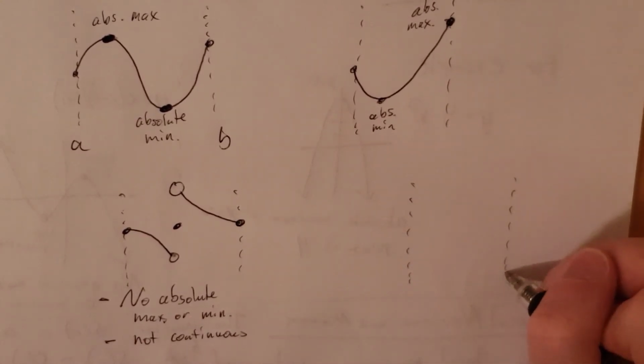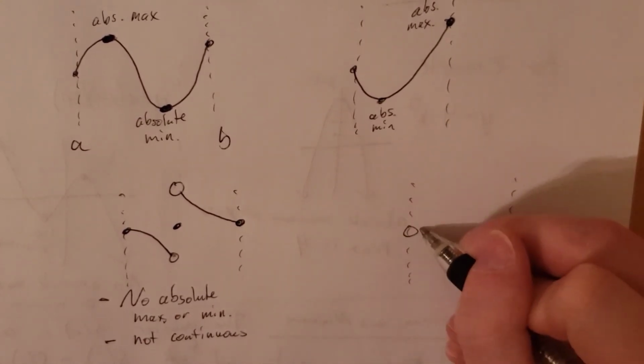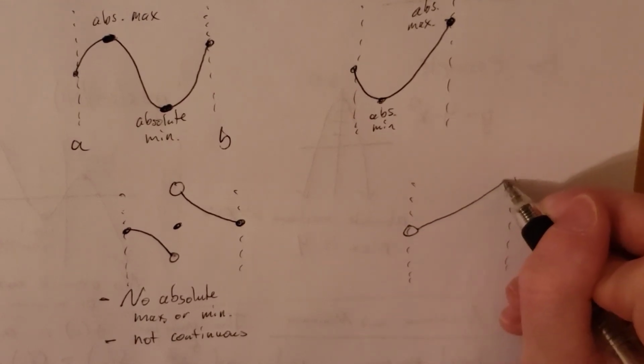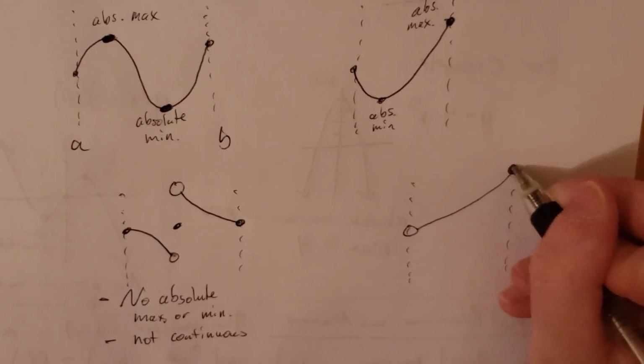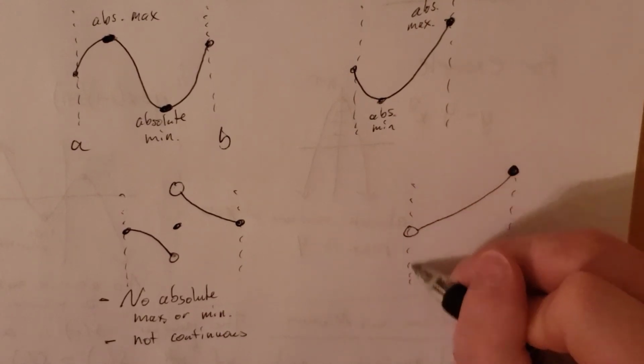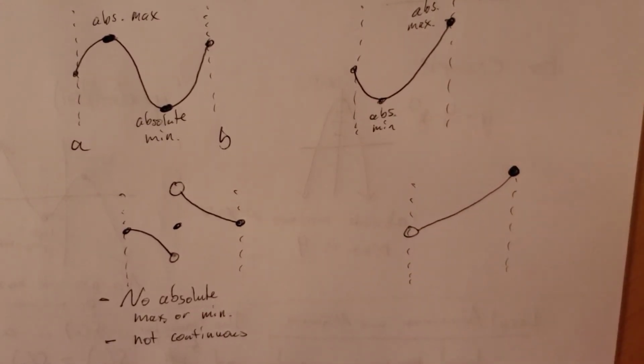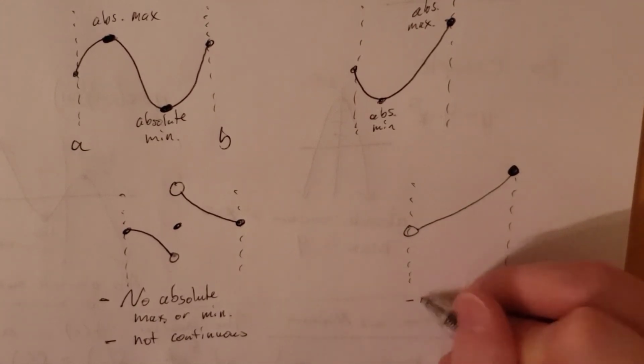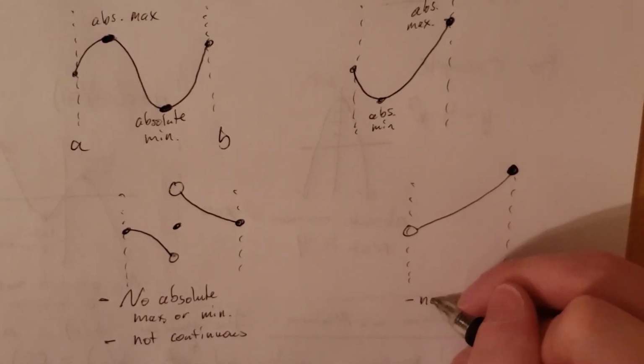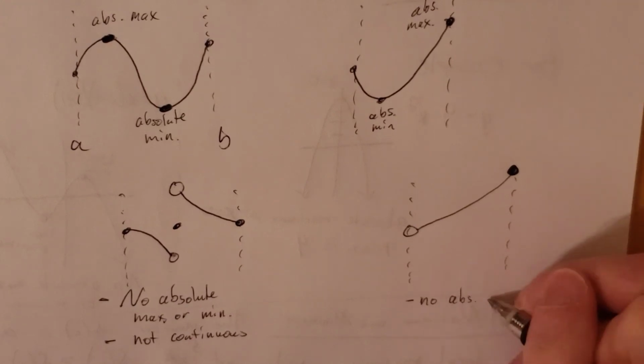Maybe we do have a function that is continuous on our interval, but it's not a closed interval, so we have an open circle at the endpoint. And again, here we do have an absolute maximum, but we don't have an absolute minimum.